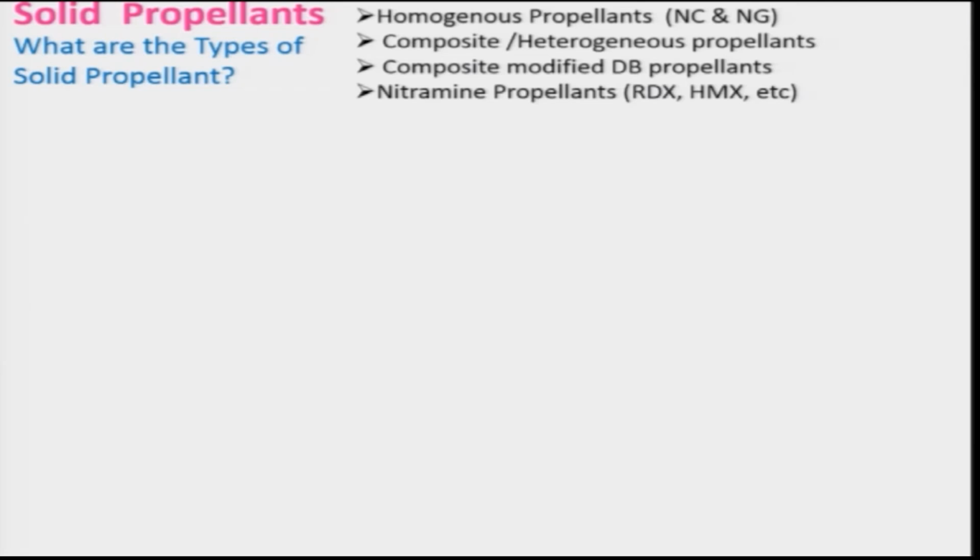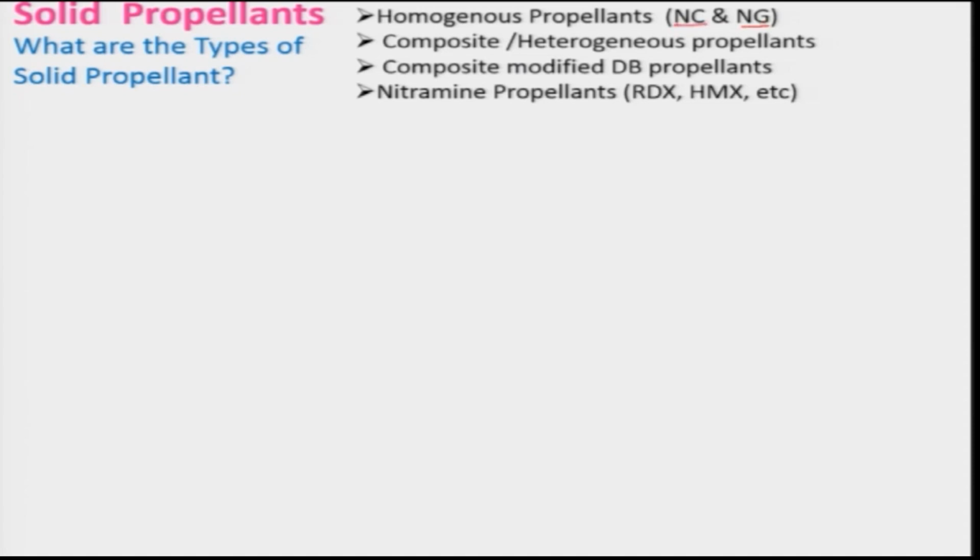Now, keep in mind that homogeneous propellant can be broadly divided into 3 categories: single base propellant, double base propellant, and triple base propellant. We will discuss them a little, but the most popular among these 3 is the double base propellant, which contains nitrocellulose and nitroglycerin.